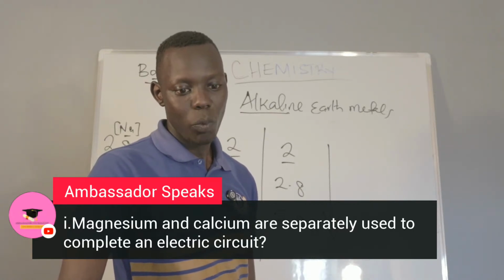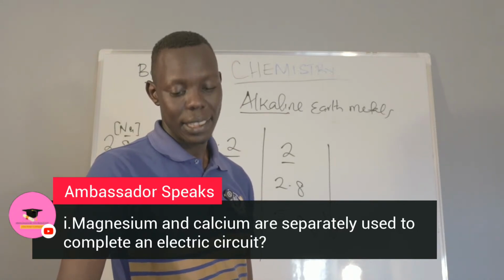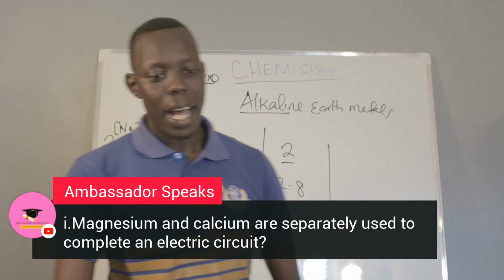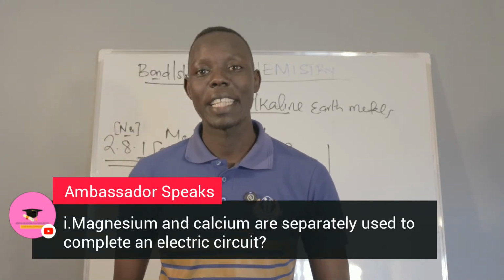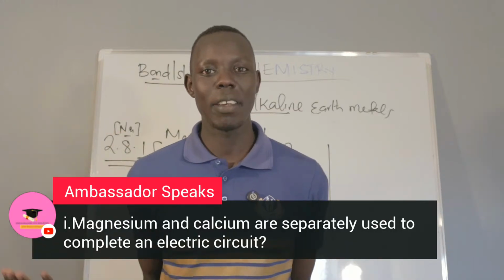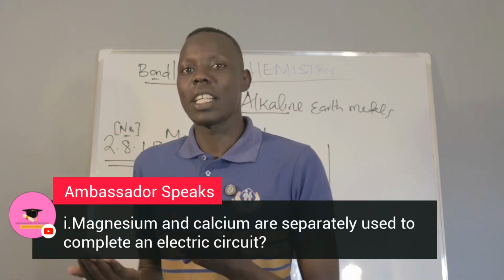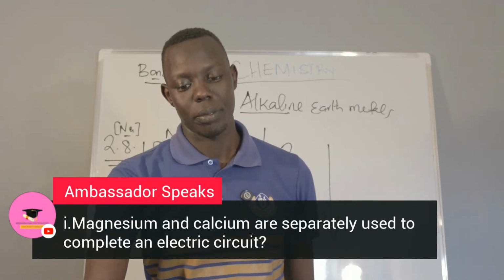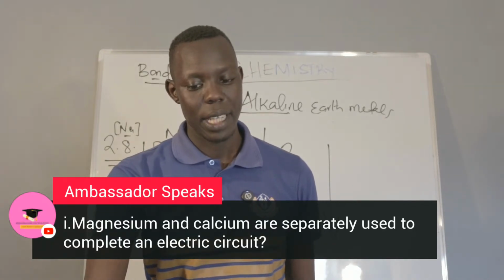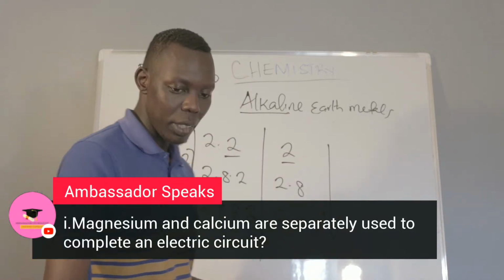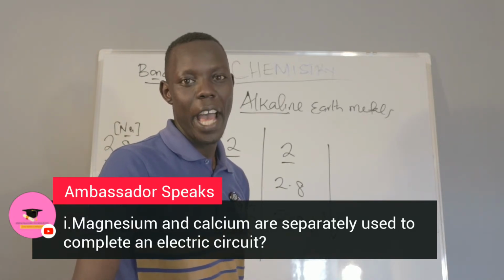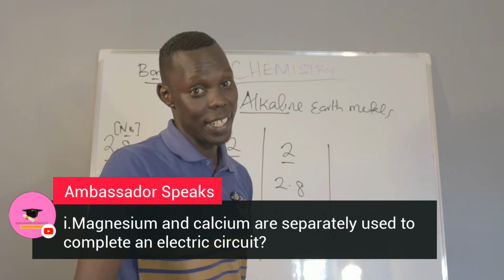Another question is, discuss ionization energy down the group. In short, I'm asking, how does ionization energy vary down the group? What will you say? The answer is this. As you move down the group, the ionization energy decreases.